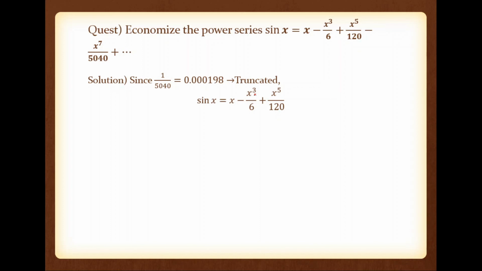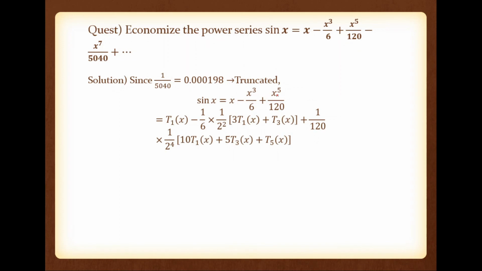What is x cube? You have to go through that table. x cube is 1 by 2 raised to 2 into 3 T1 of x plus T3 of x. And what about x raised to 5? 1 by 2 raised to 4 into 10 T1 of x plus 5 T3 of x plus T5 of x.